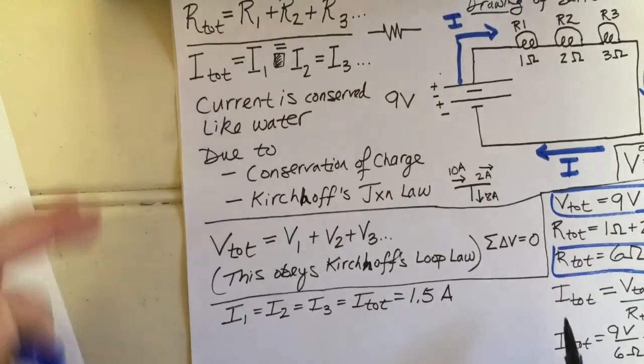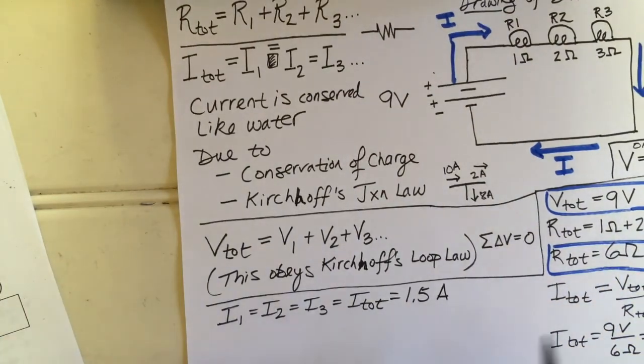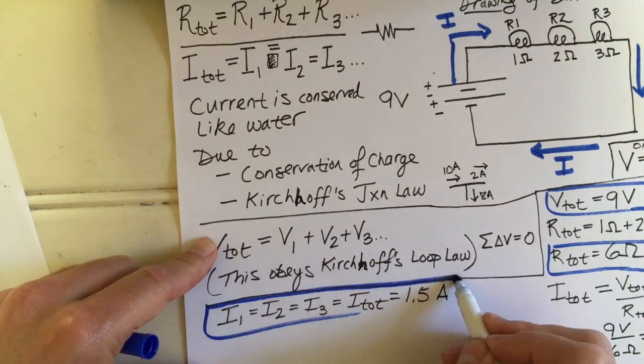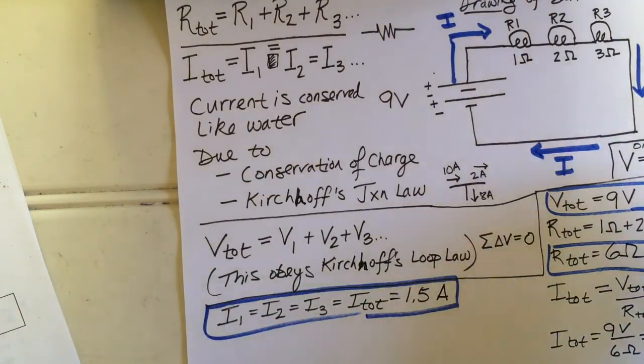So if I asked on a problem or on a quiz, what is the current across bulb 1? You would say 1.5 amps. What is the current across bulb 2? 1.5 amps. And bulb 3, 1.5 amps. All right, so we got that right there.